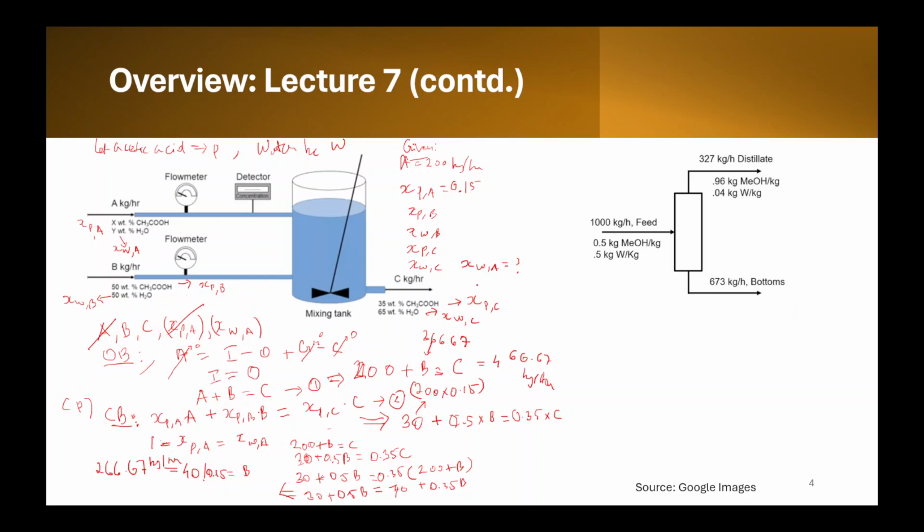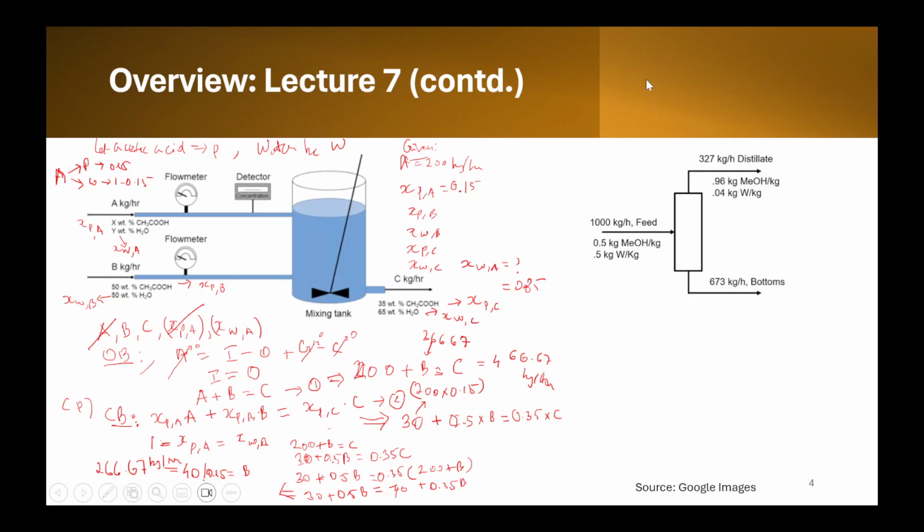Okay, if you cannot, so basically A has two components, P and W. So one of the mass fractions is 0.15, so the other will be 1 minus 0.15, which is 0.85. So it's not an unknown if you know one of the mass fractions of the same stream.